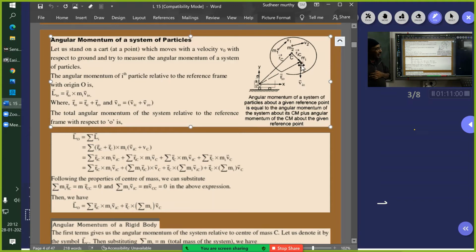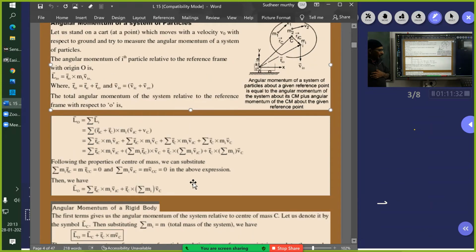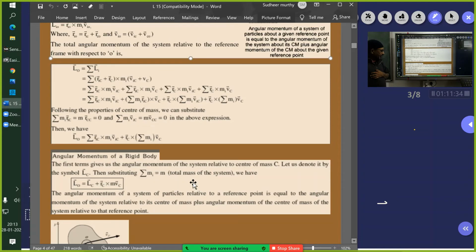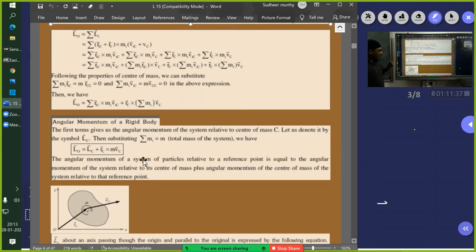If you take the velocity vector perpendicular to RIC, then mi into that quantity into RIC, the summation of that will give you the angular momentum of all these particles about the center of mass. So those things should become clear to you. Okay, friends? So this final abstraction is extremely important.